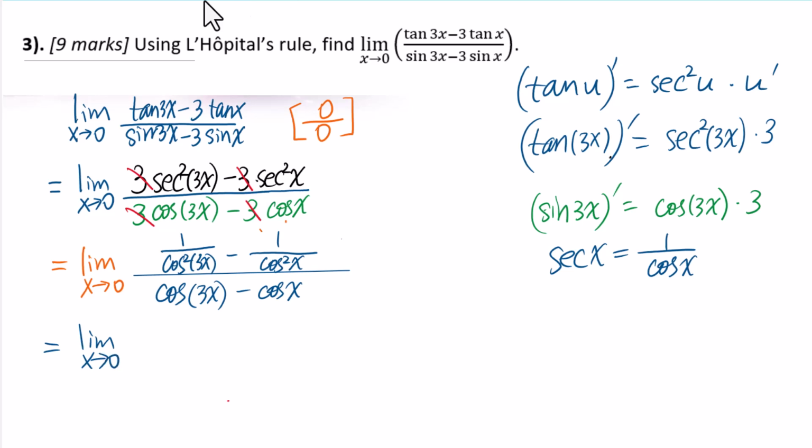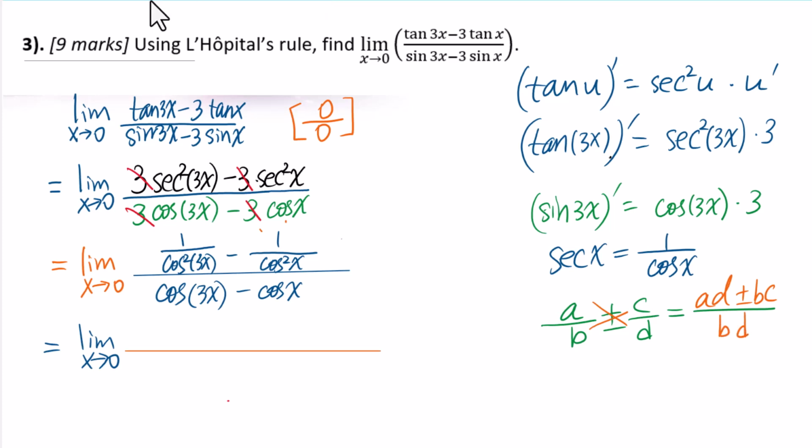Let's simplify the top. Since a over b plus or minus c over d equals, cross multiply to the top, ad plus or minus bc, denominator multiply bd.